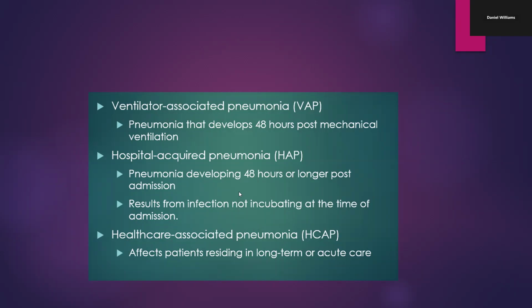Additionally, we talked about ways in which we can go about preventing ventilator-associated pneumonia, whether that's using our VAP bundles, keeping the head of bed elevated at least 30 to 45 degrees, maybe the use of a continuous aspiration of subglottic secretion or CASS endotracheal tube.